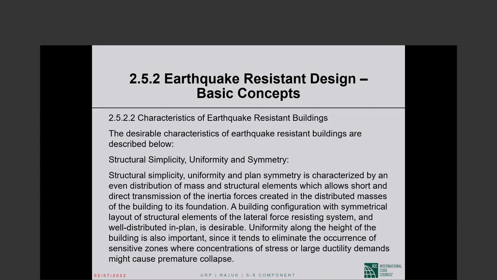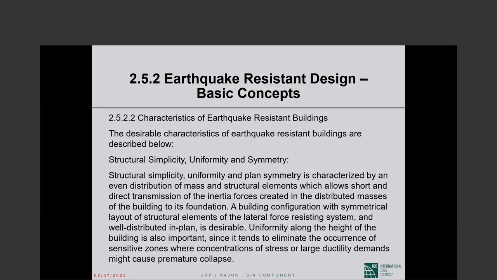So all of this is very, very good advice, except that most real buildings violate these principles. There are owners involved, there are architects involved. The architects want their building to look distinctive, not like a rectangular box.